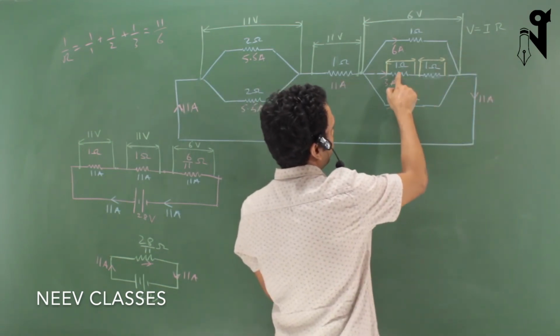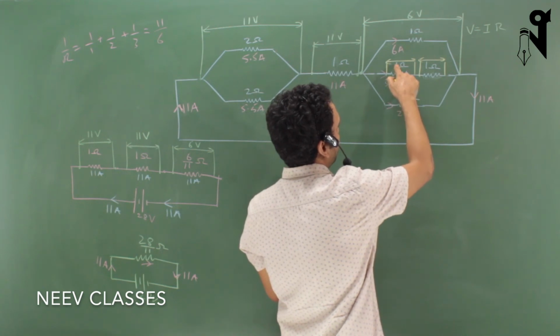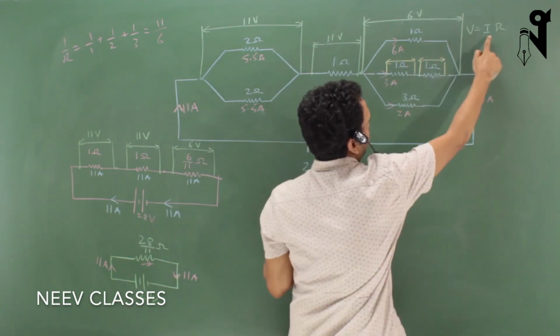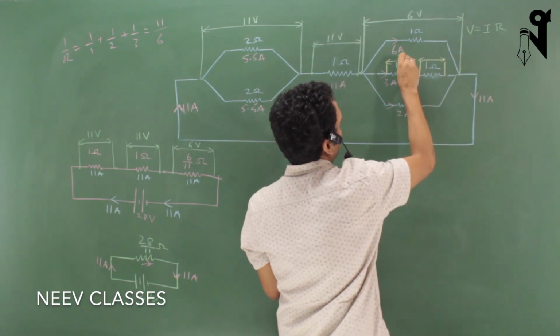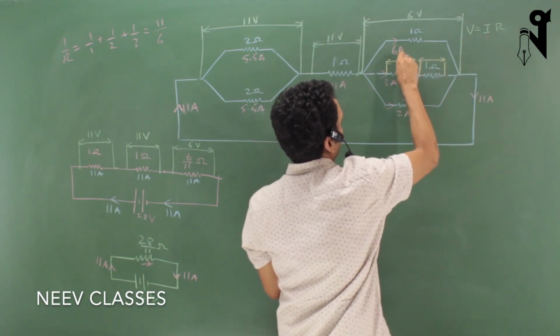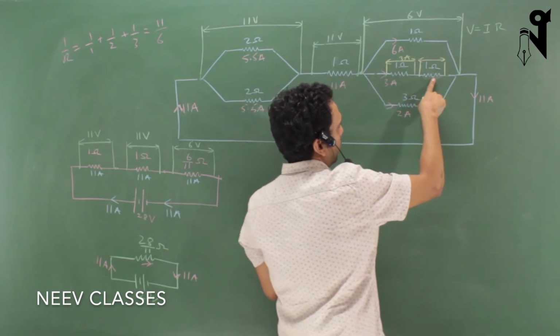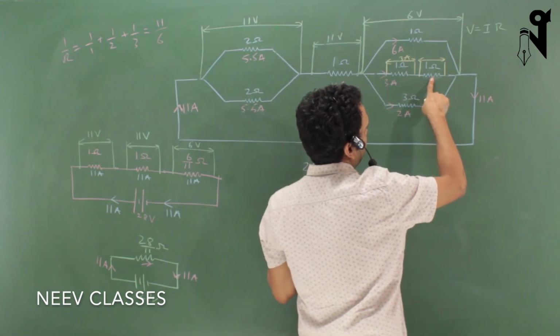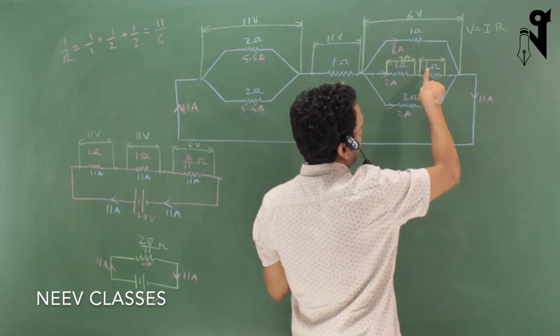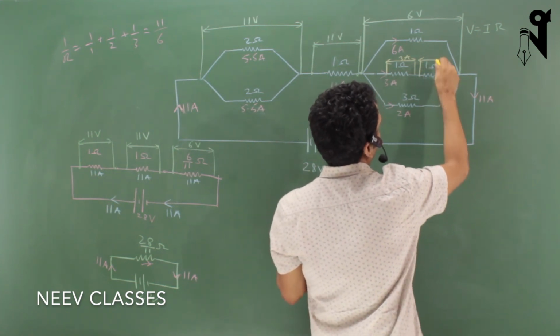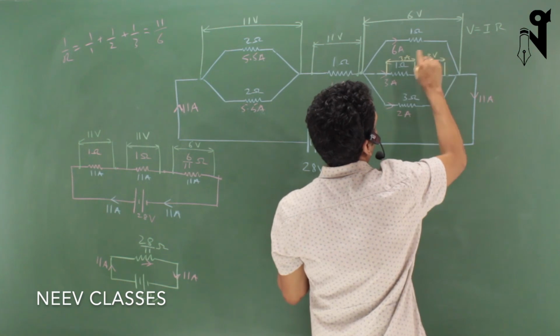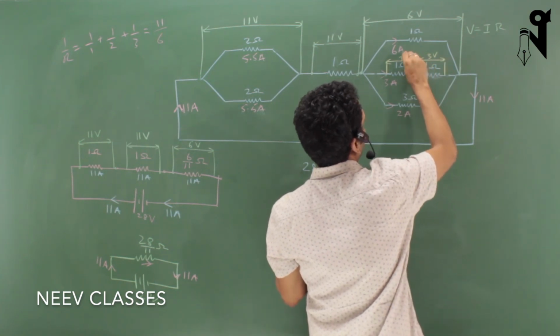The current in this is 3 amps, the resistance is 1, so 3 into 1 we get 3 volts. Same current is going into this. That 3 amp current in a resistance of 1 ohm gives a voltage drop of 3 into 1 again, which is 3 volts.